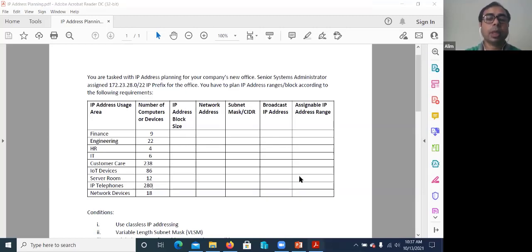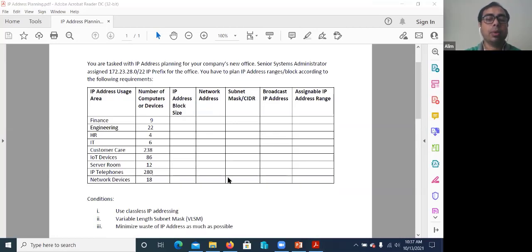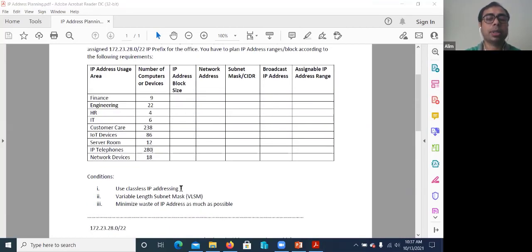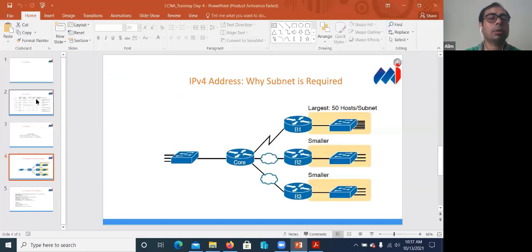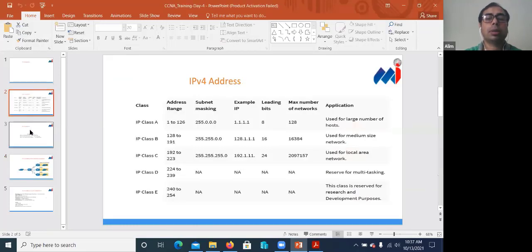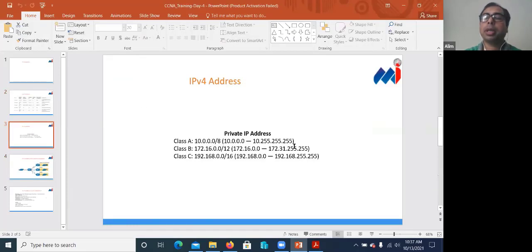Okay. So in this planning, we have to use classless IP addressing. What is classless IP addressing? At the beginning of the development of networking, classful IP addressing was developed because there was no classless configuration of IP addresses.